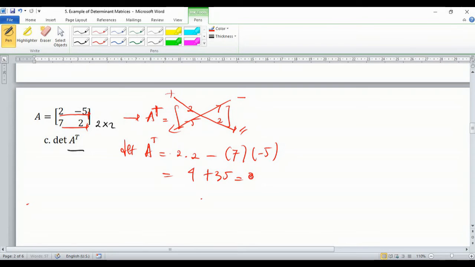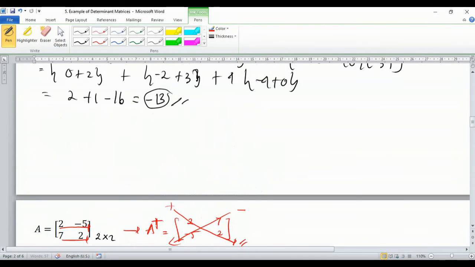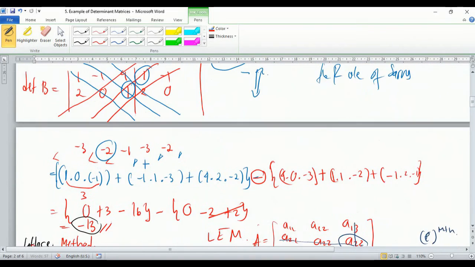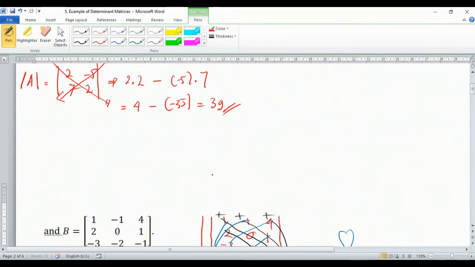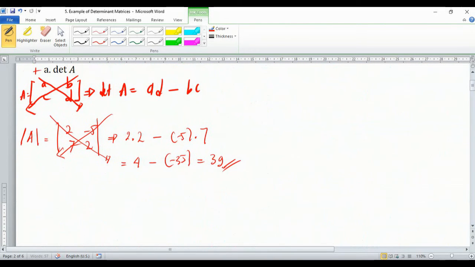This one is 39. So we can compare: determinant A transpose, the value is 39. How about determinant A? We can see the determinant A, what's the value? Oh, guys, they are the same. So from here, we can jump to the properties. So let's jump to the properties, everyone.